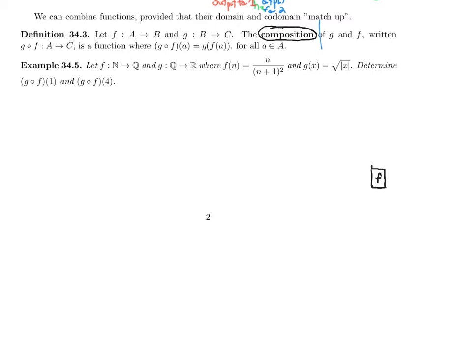And it takes an input, and it gives some sort of unique output. And let's say you can input things from a set A, and it outputs things from a set B, usually via some rule. And let's say, again, we have another function.